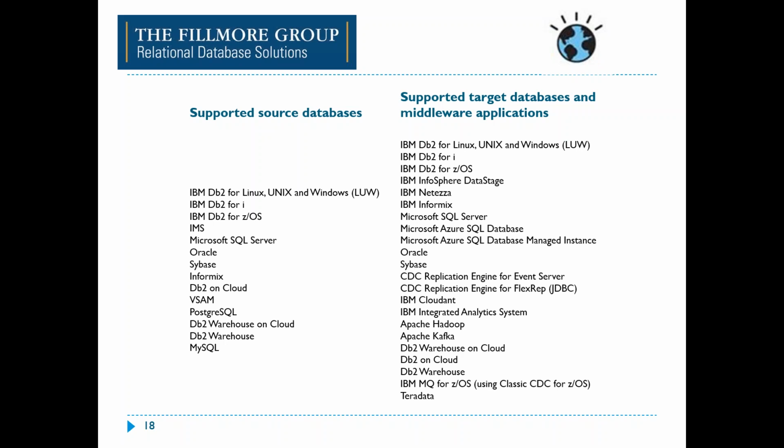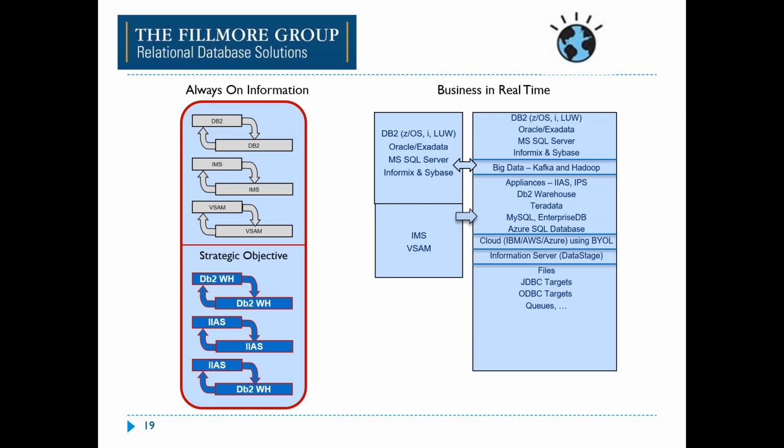So I would be willing to bet a steak dinner with anybody on this call that you can't name a data repository target that I can't get to either with FlexRep or with IBM's Federation technology, which is the old InfoSphere Federation Server, used to be known as DataJoiner back in the day, but a broad coverage of sources and targets.